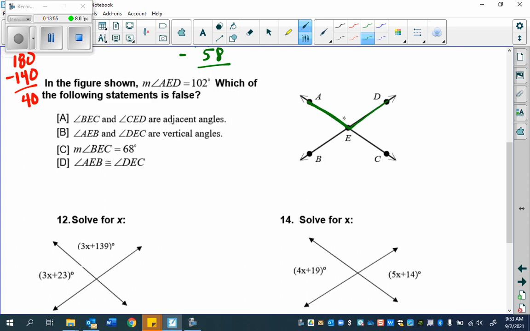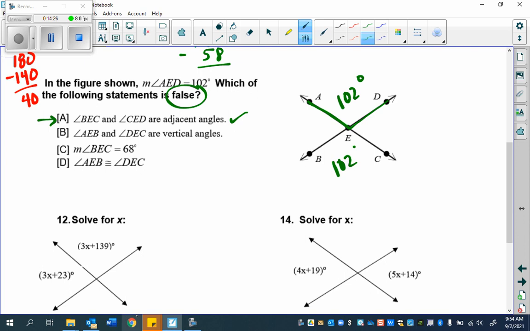Angle AED is 102 degrees, which means by vertical angles, so is this one. So when I need to figure out what is true, let's go ahead and say here, when I look at letter A, BEC and CED are adjacent angles. That is true, and I'm looking for something that's false.